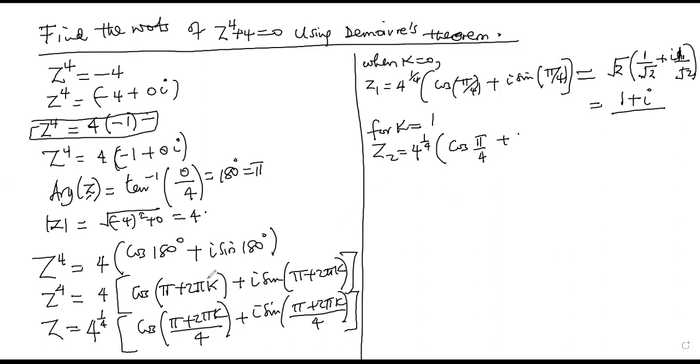So now this becomes 2 pi plus pi over 4, it becomes 3 pi over 4, plus I sine 3 pi over 4.